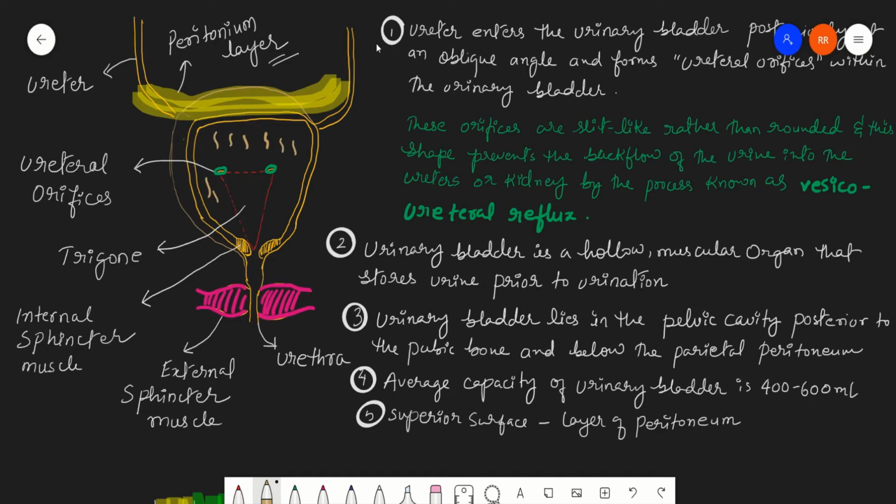These ridges are nothing but thick mucosal folds. These ridges are there everywhere in the walls of the urinary bladder, except for the area which is bounded by these red colors. These ridges are known as rugae, and these rugae allow for the expansion of the urinary bladder.